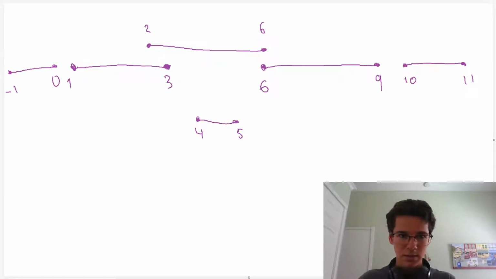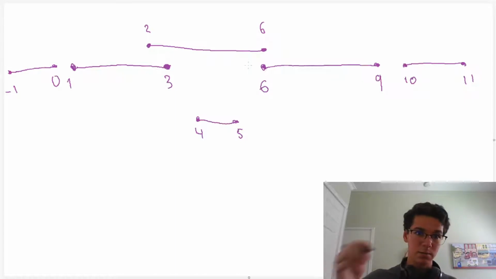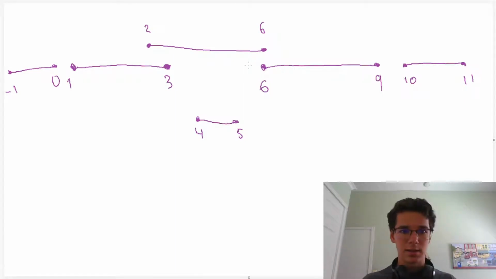So we can think of our original intervals list, the input list, as this middle row of intervals. They're sorted in ascending order by their starting value, and they are not overlapping. An example of new interval, or the interval that we'll want to insert into this list, would be this one.